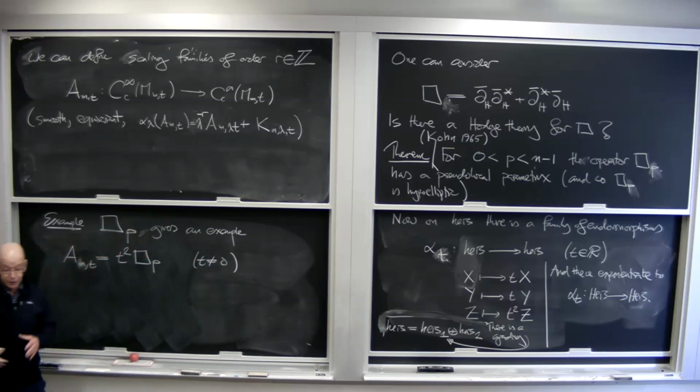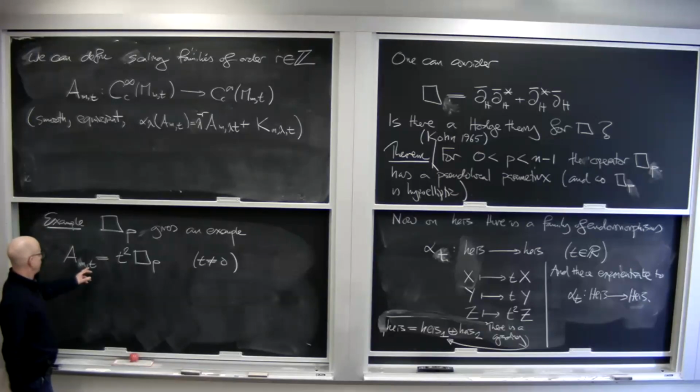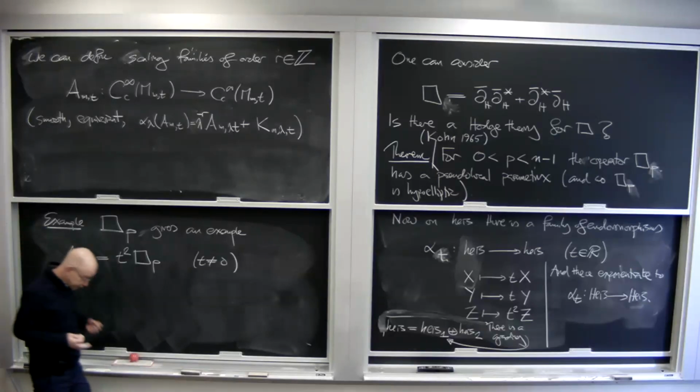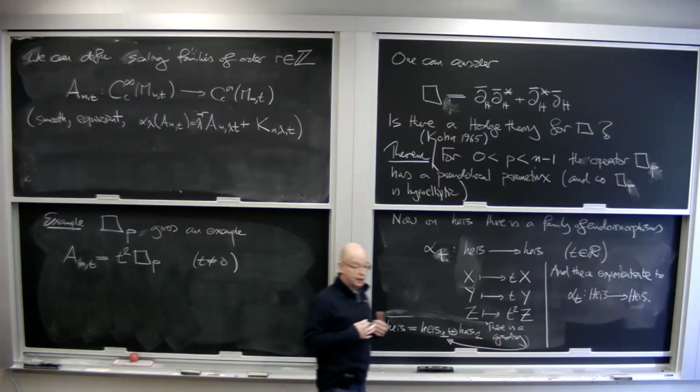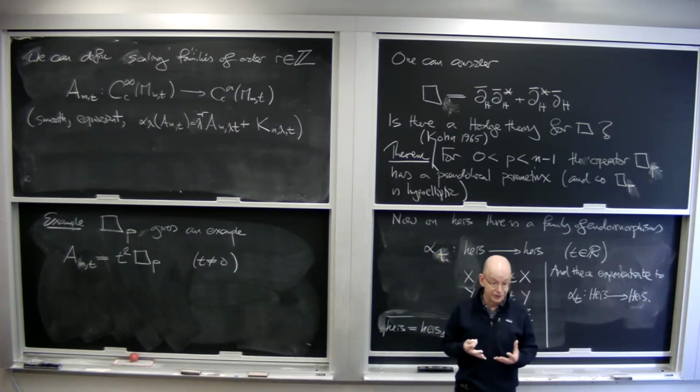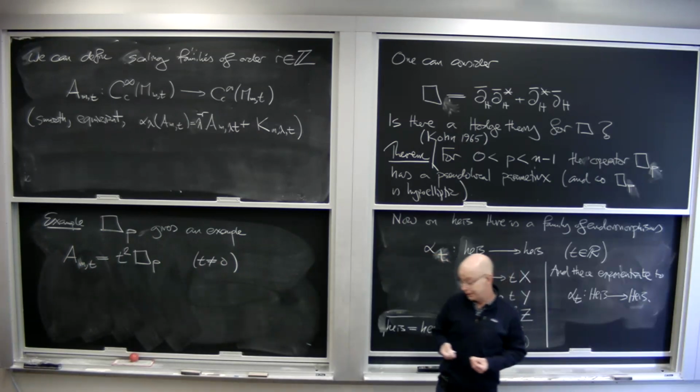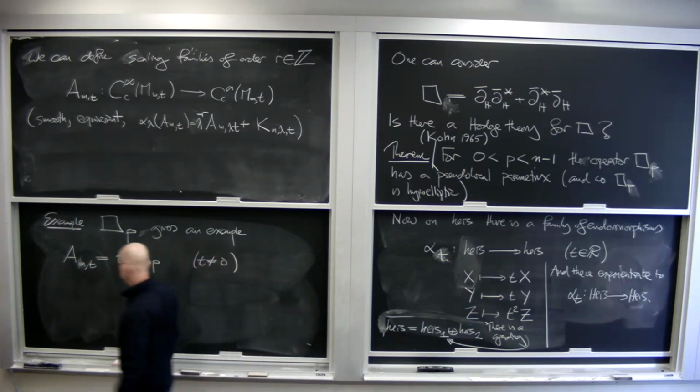then you get a family of operators which is only partially defined, because I didn't tell you yet what happens when t is 0, but this family of operators does have an extension now to t equals 0.